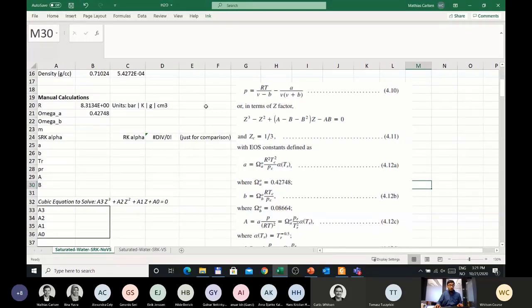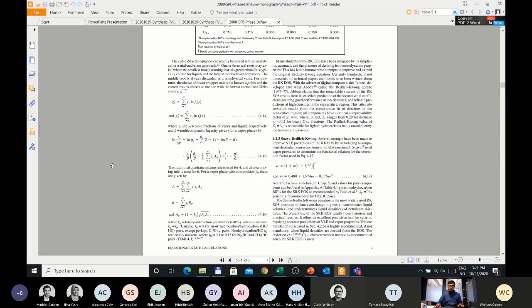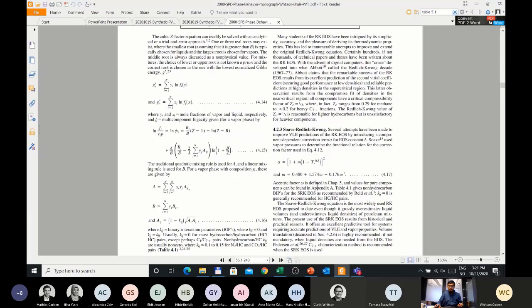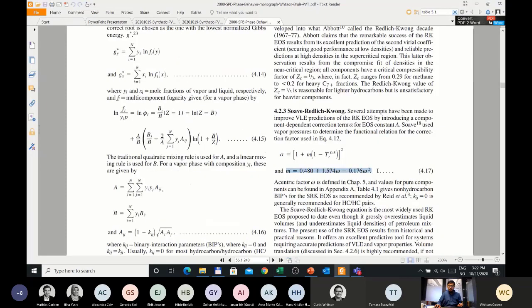That's this one here, and then we have omega b, which is 0.08664. The value of m, so we know that m is a function of the acentric factor, and that equation is here in the monograph, 4.17. That's the m value for the SRK equation of state.